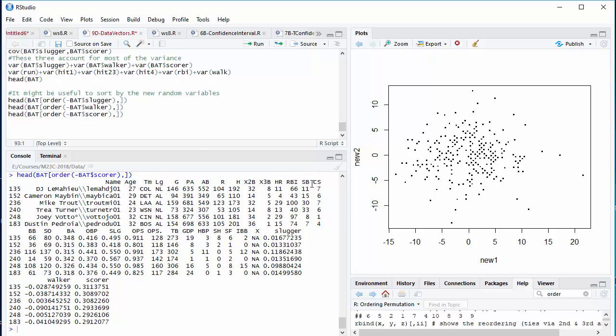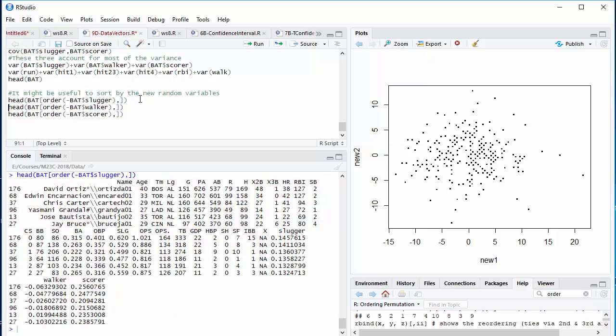And interesting, I never took stolen bases into account, but the folks that score high on this one actually have a substantial number of stolen bases if I compare them, for example, with my original sluggers. I never realized David Ortiz stole even a single base. The pitcher must not have been watching.